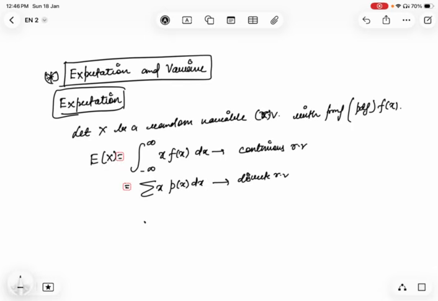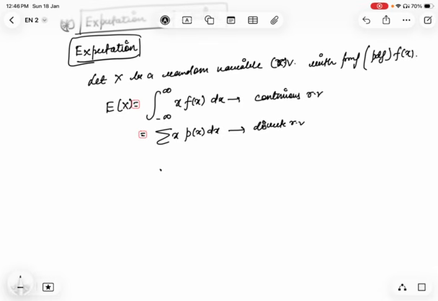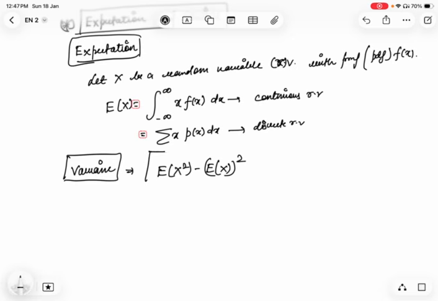So this is the concept of expectation. And how will you define the variance? Variance is defined as nothing but E(X squared) minus the whole square of E(X). So what is this?